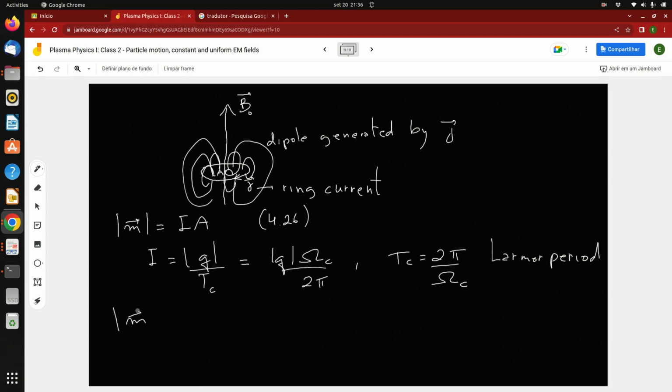So mu, the magnetic moment, this is the magnetic moment. Don't confuse the arrow mu with mass. This is not mass, this is moment. And this is q omega c over 2 pi times A. A is pi r squared, right? The area of the circle. We can write it like q, just cutting this with this, q omega c rc squared.